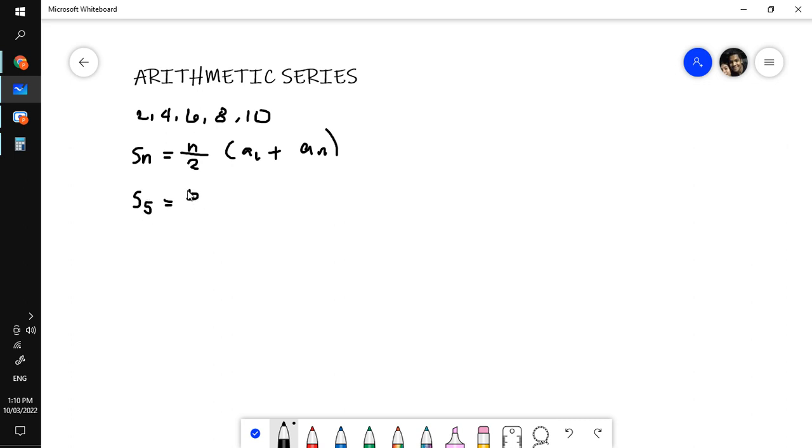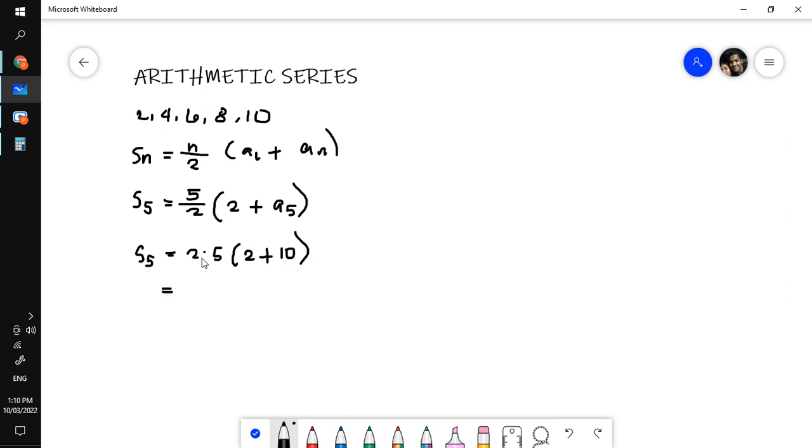Our n is equal to 5, so we have 5 over 2 times a sub 1. In this sequence, the first term is 2. We have here 2 plus our a sub n. Let's say we will be using a sub 5 since we are looking for the sum of the first 5 terms. Now we have s sub 5, that's equal to 5 divided by 2, that is 2.5 times 2, plus our a sub 5, that is 10.